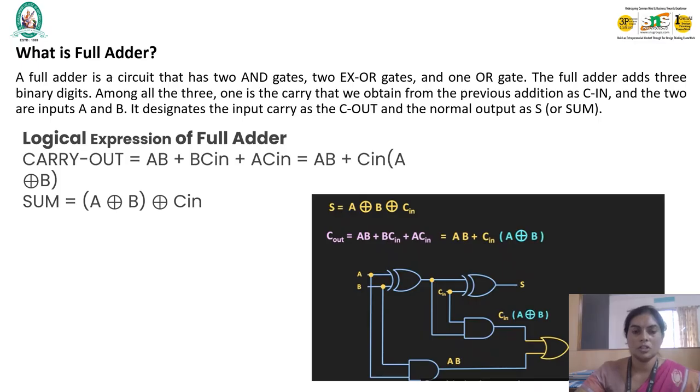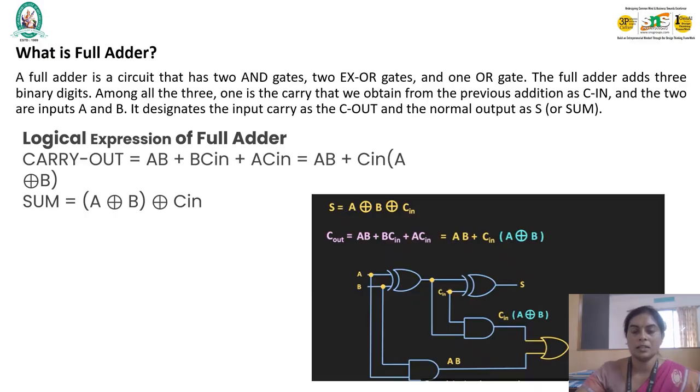This is clearly shown in the following diagram. First an XOR gate is taken, and the inputs A and B are passed on to it, where we get a result. That result is given as input to another gate, and another input, Cin, the third input, is introduced, and finally we get the sum.